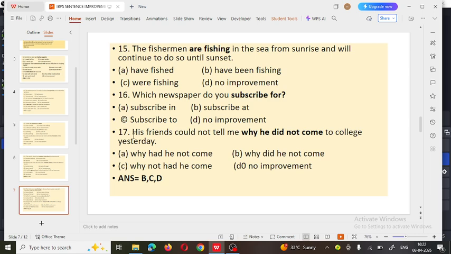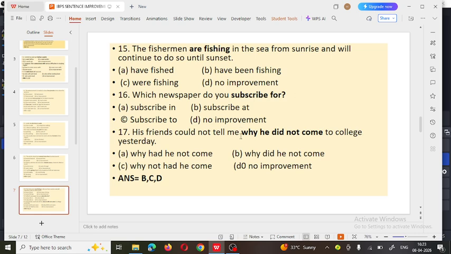Next. His friends could not tell me why he did not come to college yesterday. Now see, the sentence is a complex sentence. His friends could not tell me, and that is the main part. The remaining part is why he did not come to college yesterday.